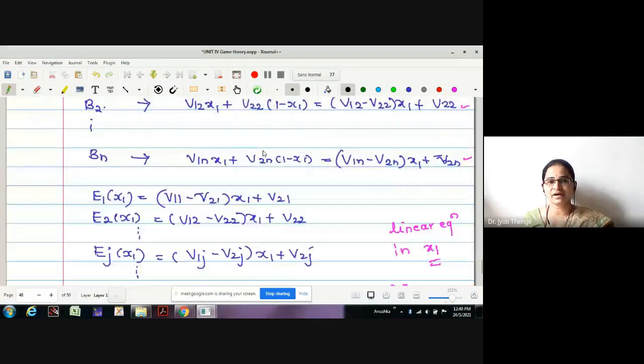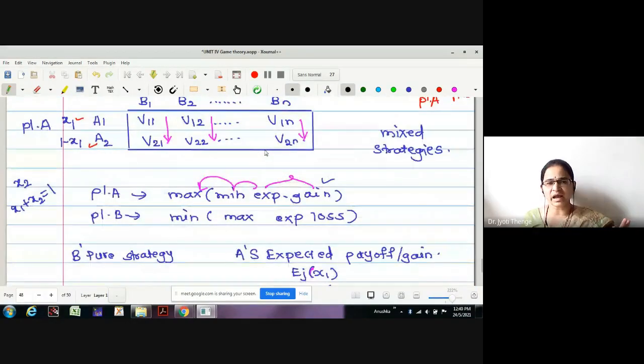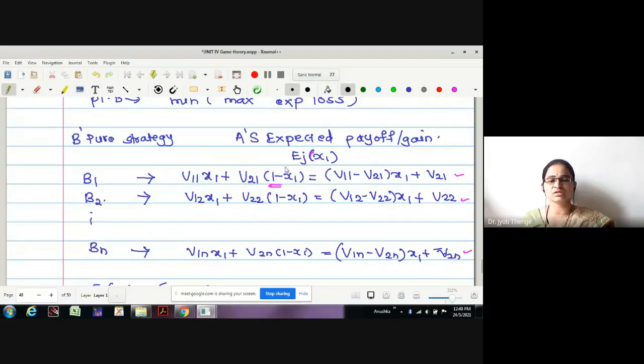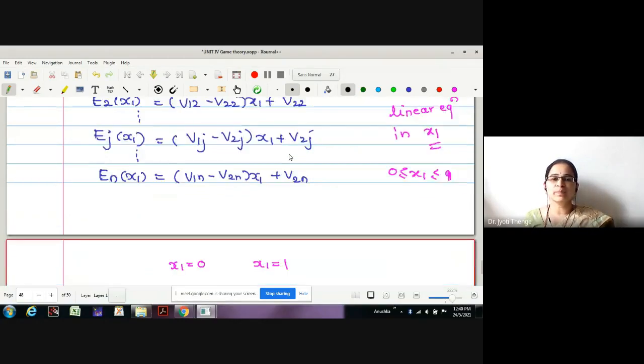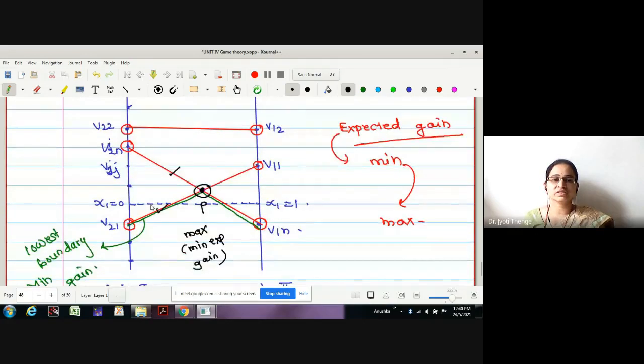This is the graphical method. The simple idea is to find the expected gain values, which give linear equations in x1. Knowing x1 lies between 0 and 1, one can plot those linear equations as straight lines between the two axes x1 equal to 0 and x1 equal to 1. Once we plot it, we will have this kind of sketch in front of us.